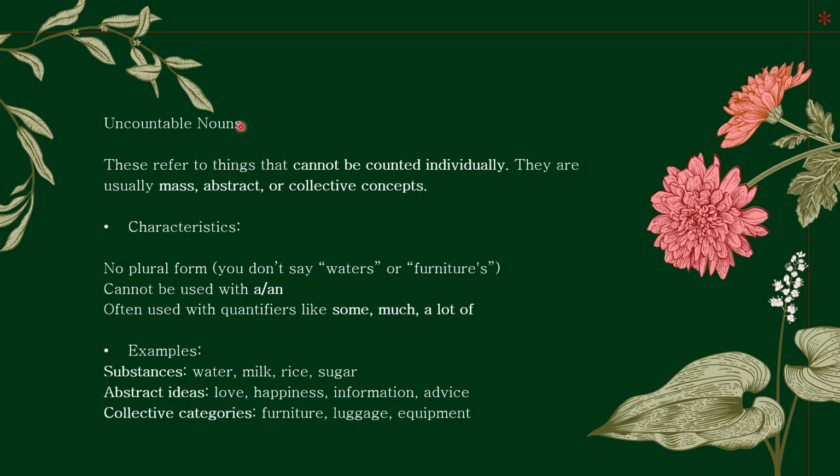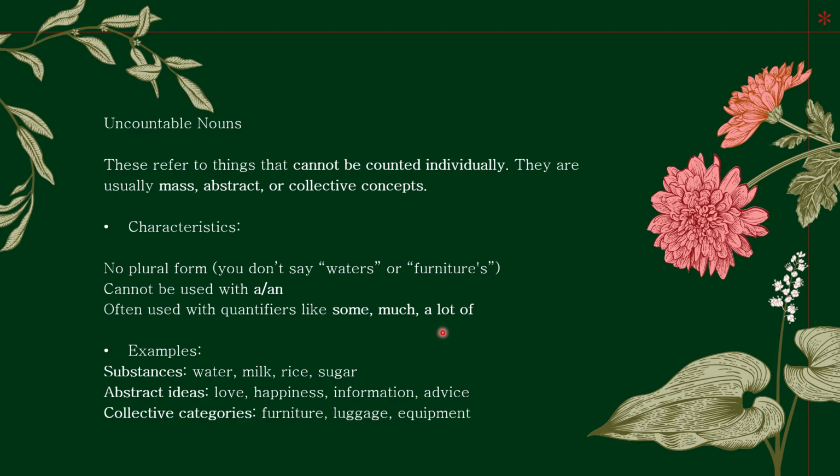Now, uncountable nouns. So, uncountable nouns are things that cannot be counted individually. They are usually mass, abstract, or collective concepts. So, they don't have any plural forms. You cannot use a and an, and they come with quantifiers like some, much, a lot of, because you can't use one or two.